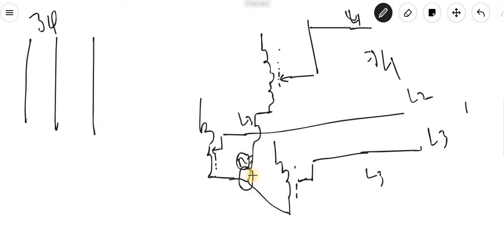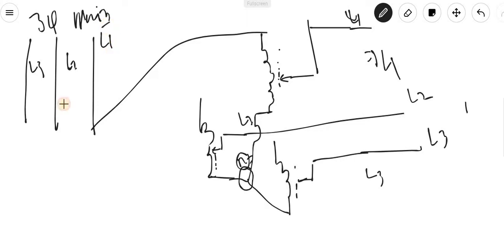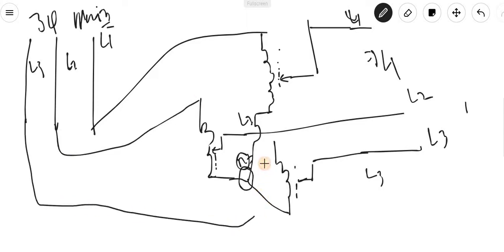Obviously it will be the neutral point if the phases are all in balance. Now we can connect line to line; this is the main supply, and this can connect to this point.